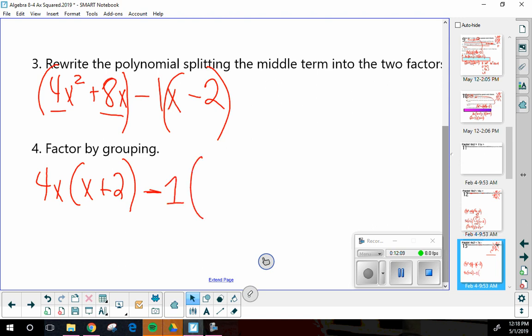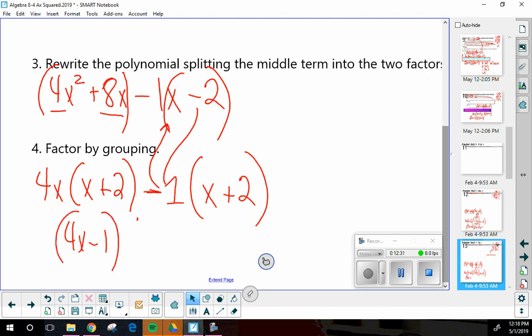What would I multiply a negative 1 by to get an x? That would just be x. What would I multiply a negative 1 by to get a negative 2? And that would be a positive 2. And so our answer is 4x minus 1 times x plus 2.